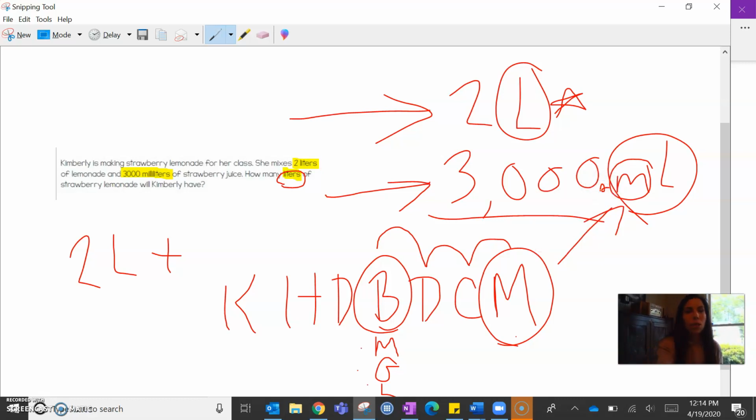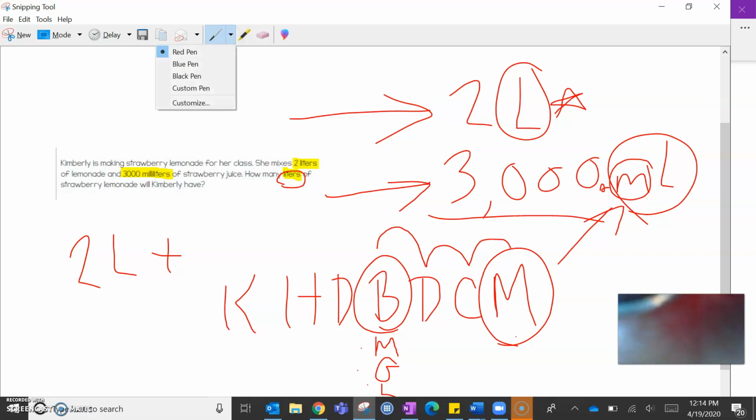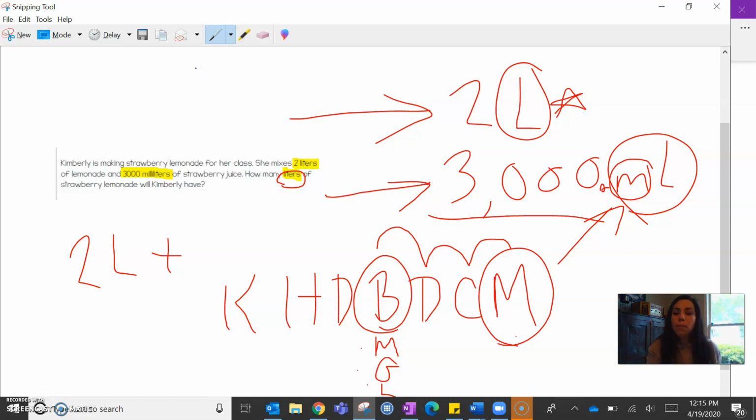Oh, my computer's doing funny things. Let me change my color so that we don't get confused. So that's where the decimal is starting, and it has to move 3 spaces to the left. So let's hop together. 1, 2, 3 spaces to the left. And now, oh my, we've converted from milliliters to liters.